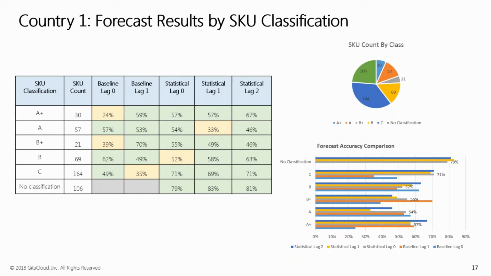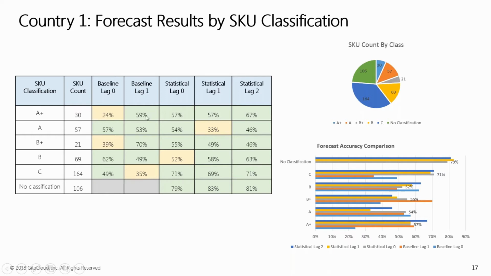But if we break it up by SKU classification, like A plus, A, B plus, B, C, and we didn't have any classification for some of them: 30 out of 447 were A plus, 57 out of 447 were A, and so on and so forth. 164 out of 447 were C type of products.